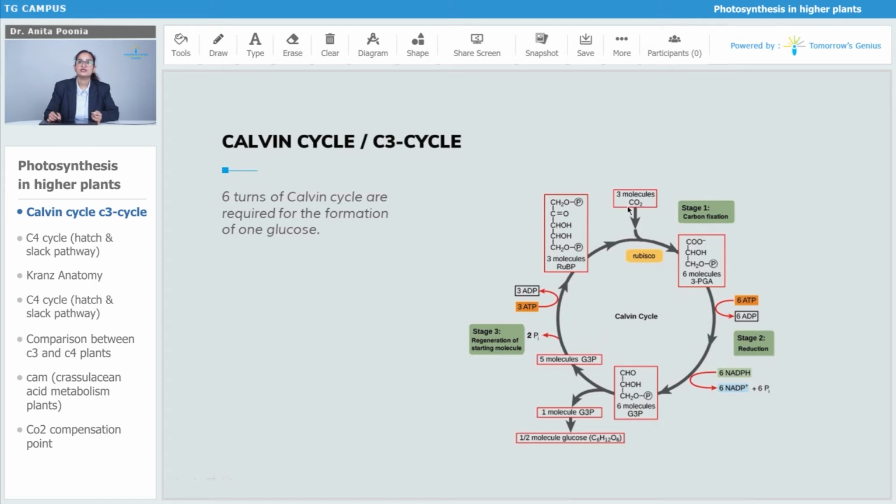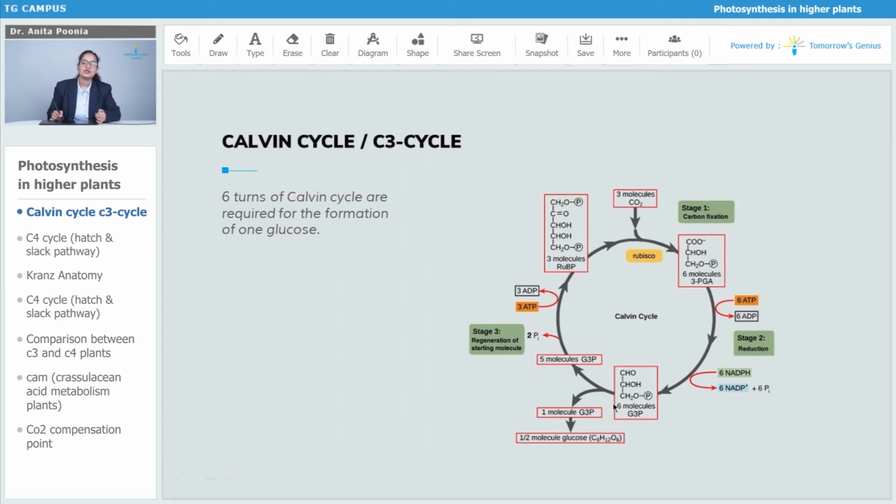So in these 3 stages, the entire thing is happening. You see over here, 3 molecules of carbon dioxide with Rubisco give 6 molecules of 3-PGA. Here ATP converts to ADP. Then another conversion, 6 NADPH converting to 6 NADP plus.